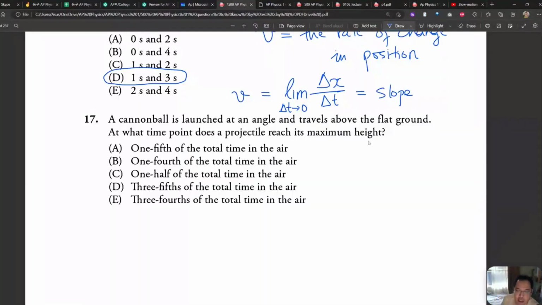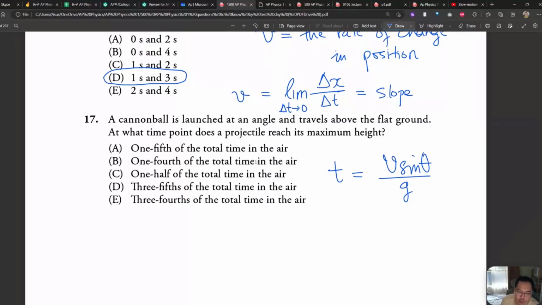Using the equation, the time is V0 sine theta over g, to travel above the flat ground to its maximum height.